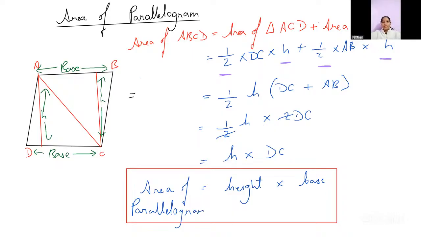The formula that we have to use in the question is this: area equals height times base. Don't multiply length and breadth, but height and base. What will be the height? The height will be inside the parallelogram, and one side is your base. We multiply these to get the area of the parallelogram. Write this down, please, and then we'll check a question.